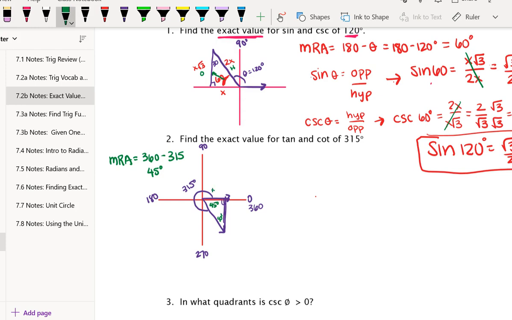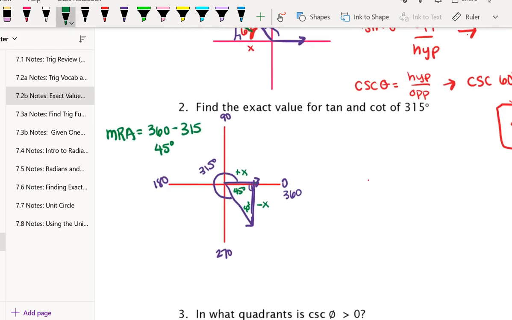Think about the sides. This is a positive x value because we're going to the right on the x-axis, and this is a negative x value because I'm going down from the x-axis. So I have a positive x and a negative x, and then the hypotenuse, because it is a radius, is always going to be positive, at x root 2.